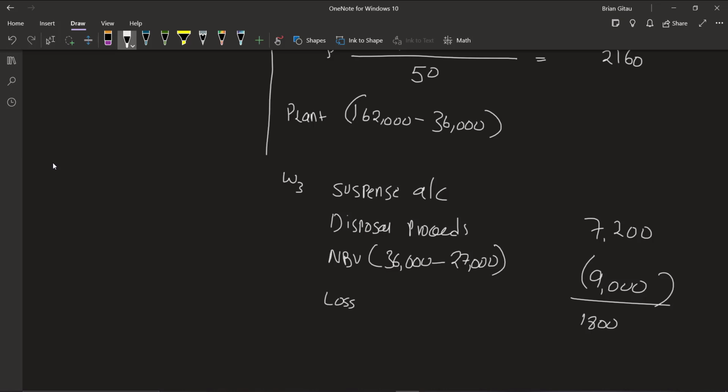Now we go ahead and divide by the useful life, which is 4 years. This will give us 162,000 minus 36,000 divided by 4. This is giving us 31,000.